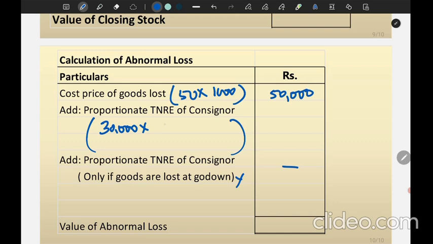This 30,000 has been spent on how many units? 500. But we need it for 50 units because goods lost are only 50. So we will get 3,000 rupees. Total 53,000.